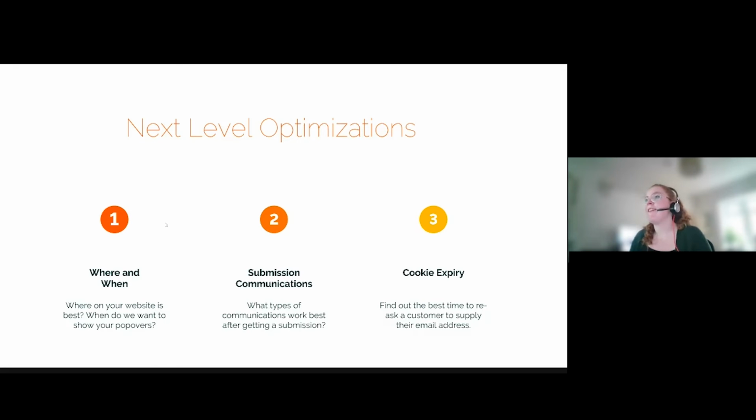Now, the final example on this next level, and as you might have guessed, they are a little bit more technical. But the next one is cookie expiry. So this really is for those repeat visitors who keep coming to your website but are just not giving you those details. They just are not signing up. So the way that our content works is that you can apply a cookie.